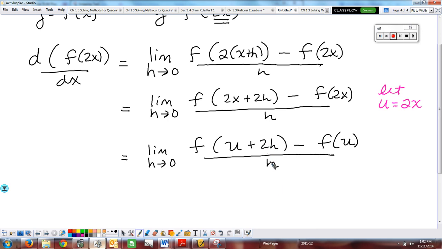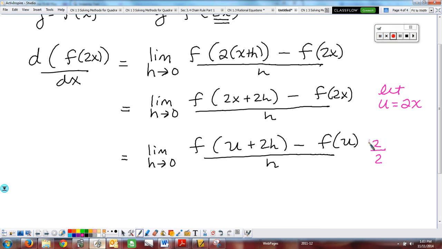And so if I could get something to work out here, maybe I could end up with a limit definition and be able to use the definition we already have from 3.1. Well, I'm going to utilize our trick, which is we can always multiply by a form of 1. I'm going to conveniently choose to multiply by 2 over 2, because 2 is what I'm missing from down here to get these two things to match.